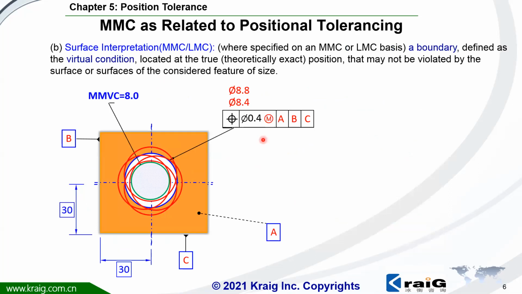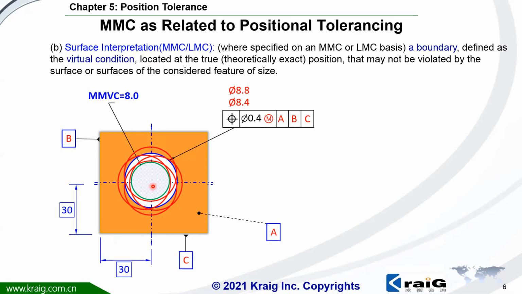If there's an MMC modifier, in this case we call this surface interpretation, because in this situation we're going to have a virtual condition boundary here. The main purpose is to ensure the virtual condition boundary is guaranteed. That's why we call this surface interpretation. And the tolerance zone is not fixed anymore.